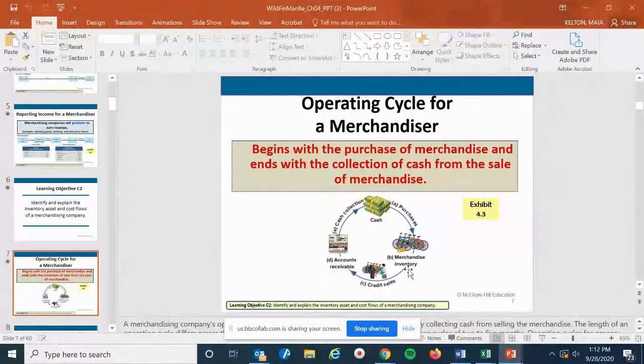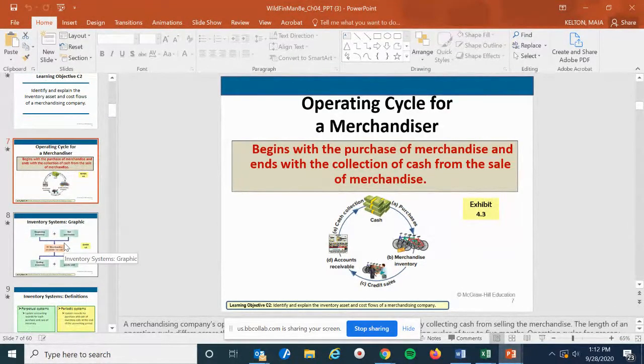Once the merchandise inventory is there and the company makes a credit sale, we'll be very interested from an accounting perspective to record the credit sale by accounting for the method of payment, in this case, accounts receivable, and the reduction in inventory. So this is what we'll be focusing on today.